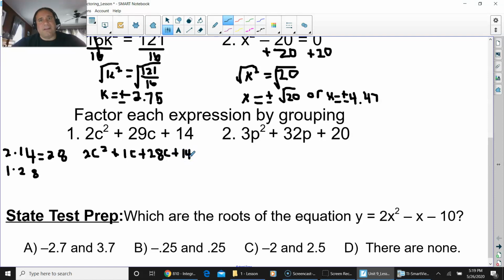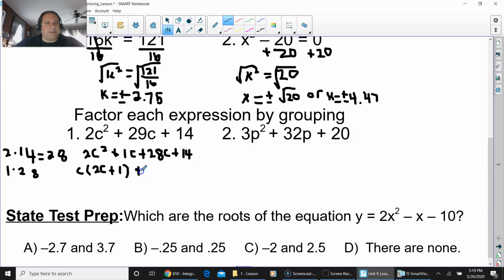So now I start factoring. So I factor the first two. So I have C, definitely, as a greatest common factor. And I have 2C inside the parentheses because C times 2C is 2C squared. And then C times what equals 1C? C times 1.